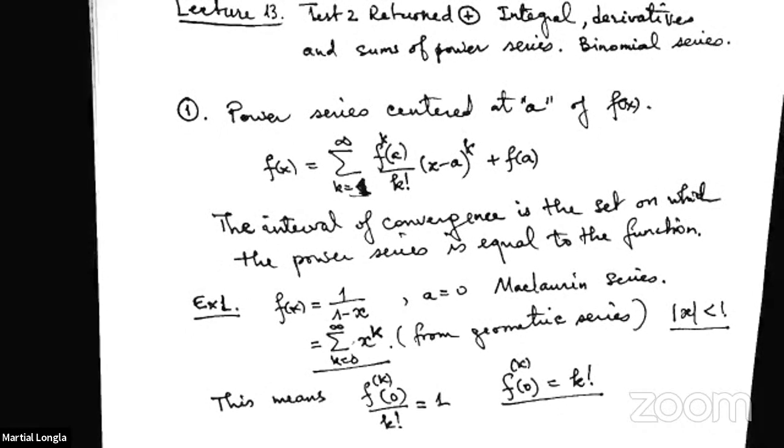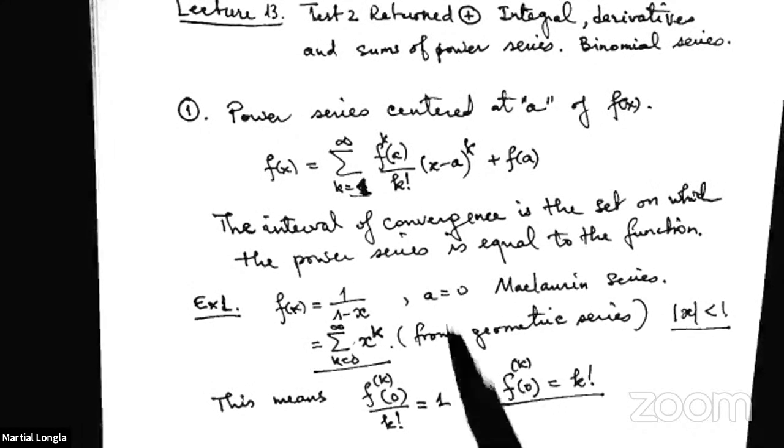So sometimes this formula can be used to find the derivatives of the function. You can see that we know this without having to take k derivatives of the function, just by looking at the formula of the series. We can determine what the derivative is equal to, just as we could start with the function, find the derivatives and plug them into this formula to get the power series representation. Does that make sense?